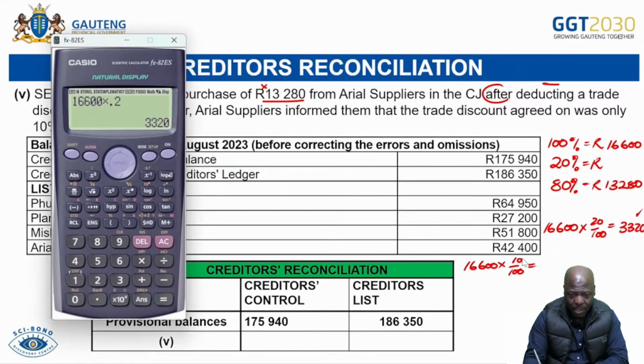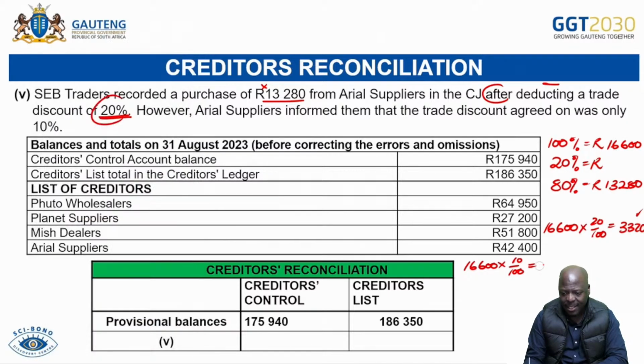We say 16,600 by 10%. That's 1,660. This is the discount that we were supposed to have subtracted. So we subtracted 3,320, yet it was supposed to be 1,660.